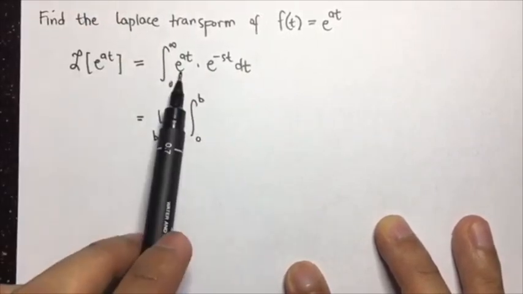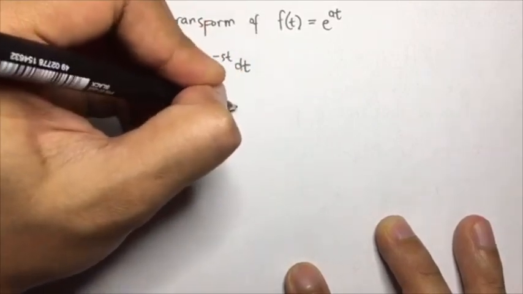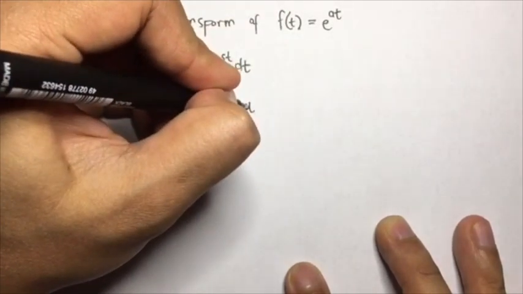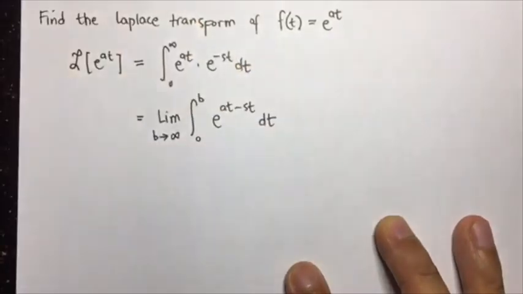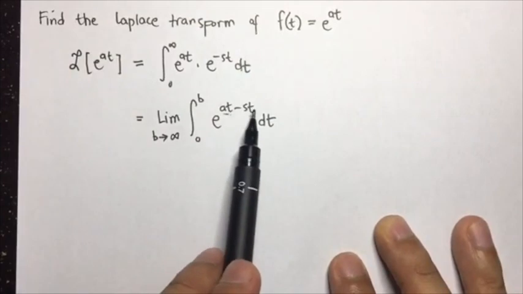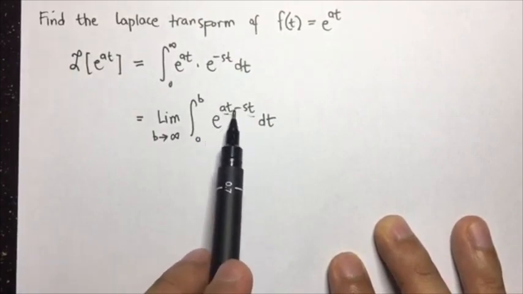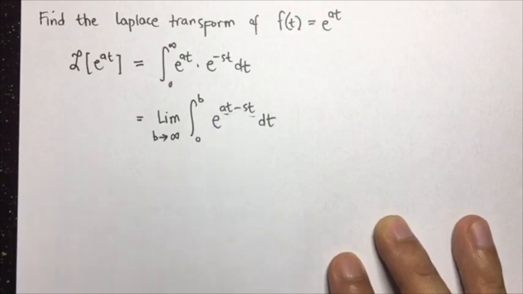Simplifying, this becomes e raised to at minus st. We can factor out t, and also factor out negative 1, so that the factor becomes s minus a.